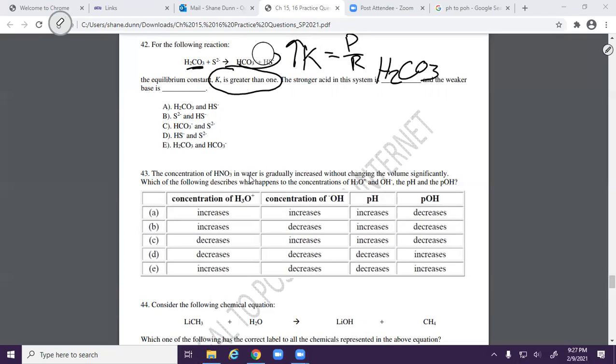Looking at the reactant side, which one of these guys is the base? Just looking at these guys. Which one of these guys would accept a hydrogen? Imagine these guys were at equilibrium. Which one of those would be the base?